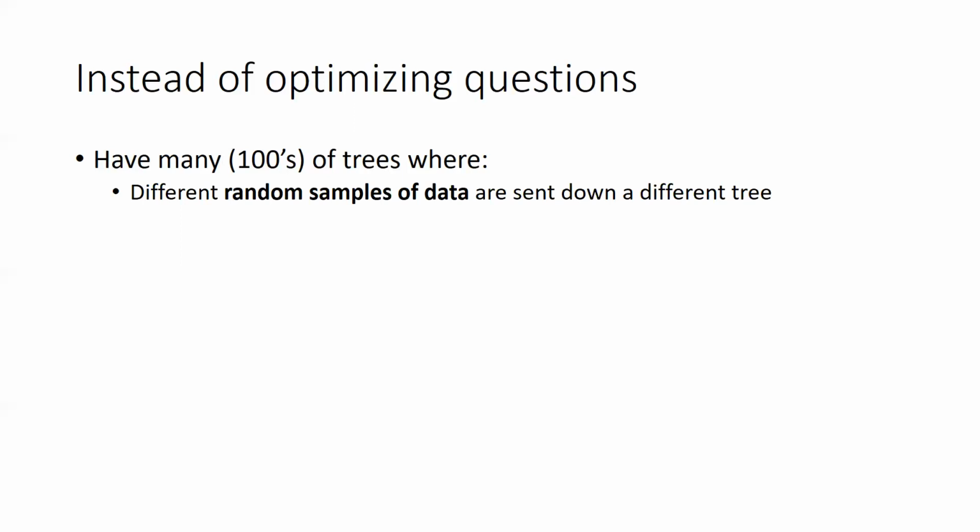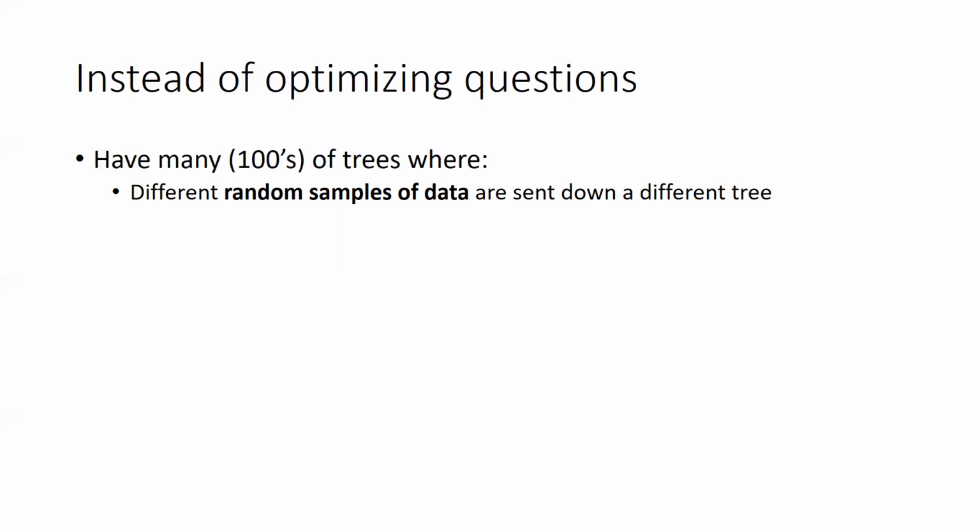Down another tree, we send another random sample of data. We keep doing that across many hundreds of trees. When we do that sampling, each time we have an out of bag set, and this is called bagging. Remember, this is all on our training data, but our test data, just keep that out of mind. It's not doing anything. The test data remains separate.